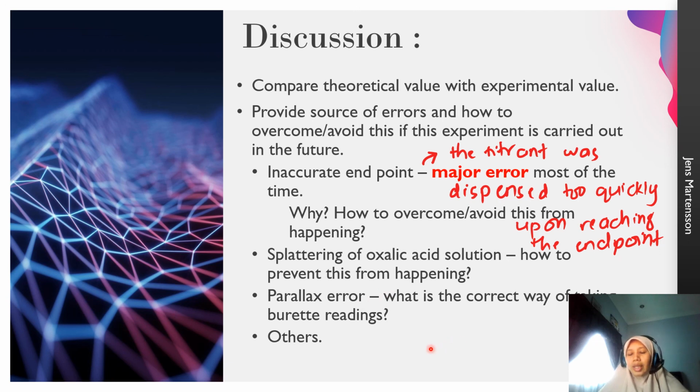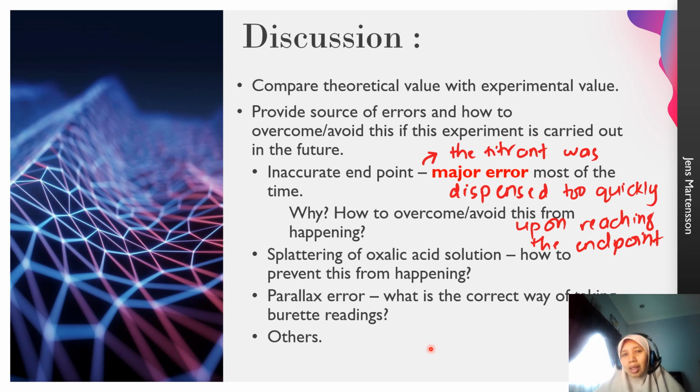And of course, when it comes to a quantitative experiment like titration, parallax error also contributes to the discrepancy in the molarity, especially when taking the reading of the burette and when pipetting. How do you avoid making that error?